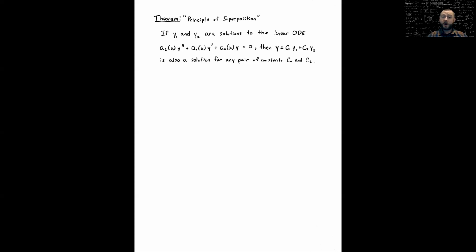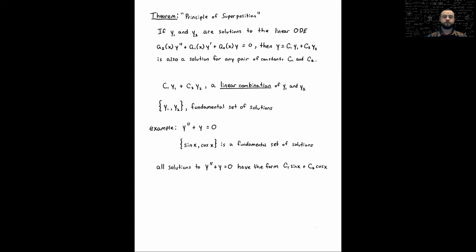If y1 and y2 are solutions to this linear ODE, then a linear combination, a constant times y1 plus a constant times y2, is also a solution for any pair of constants C1 and C2. In plain language, what this says is if you have two solutions, add them together as a linear combination, you get another solution.